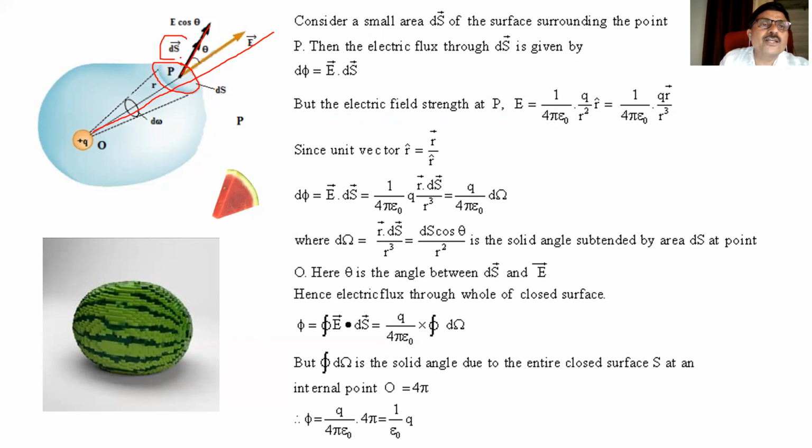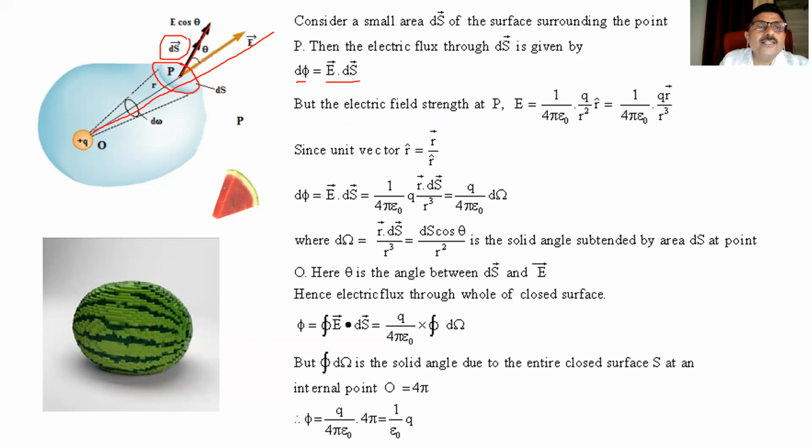That small surface area we have assumed as dS. It is a vector, represented by a vector perpendicular to the surface. Then, if you calculate the electric flux as per definition through the small surface, then obviously that flux through the small surface will be given as d phi is equal to E dot dS as per the definition.